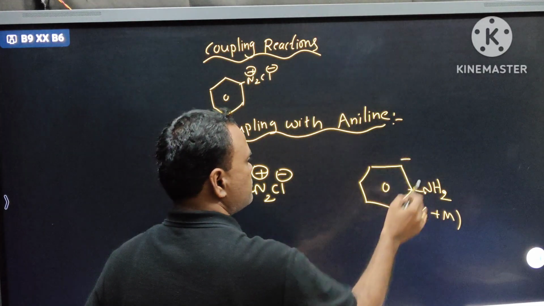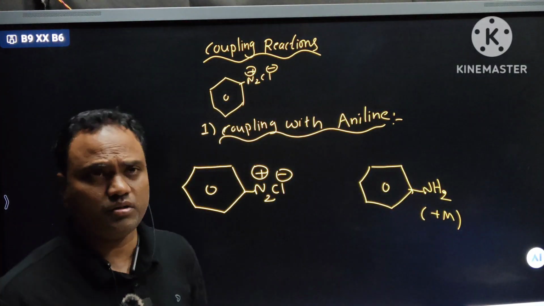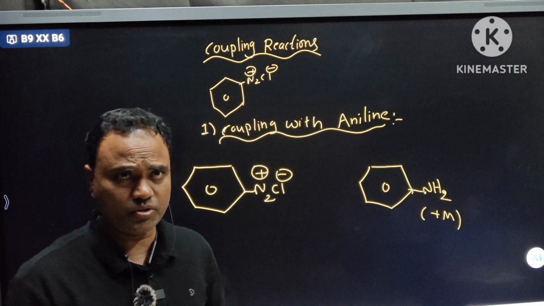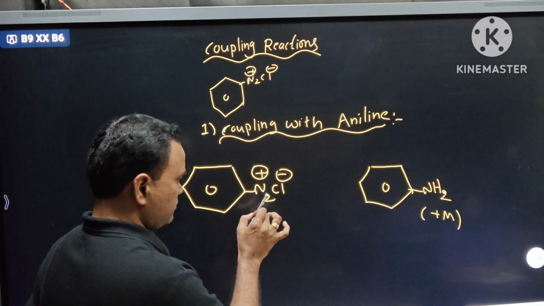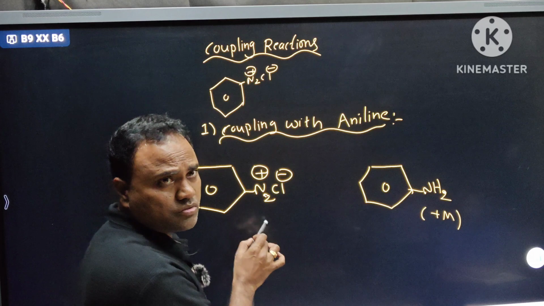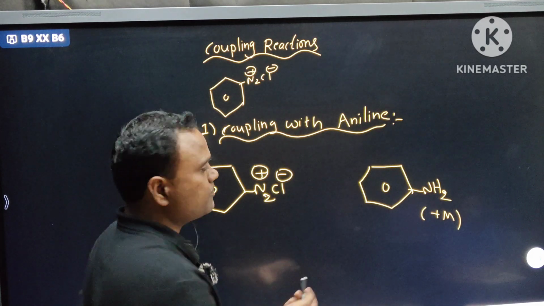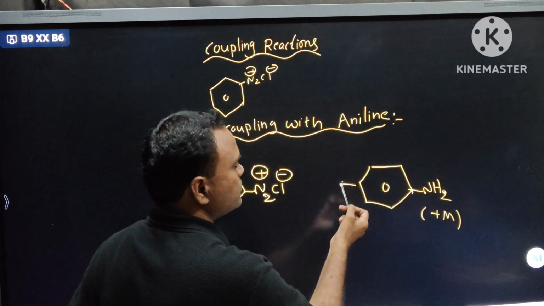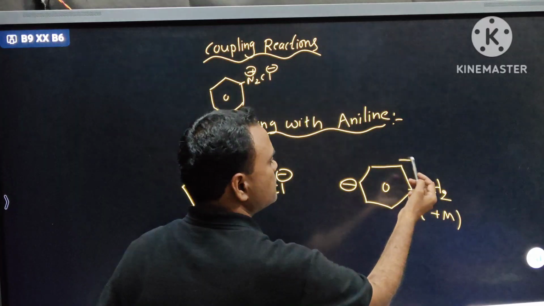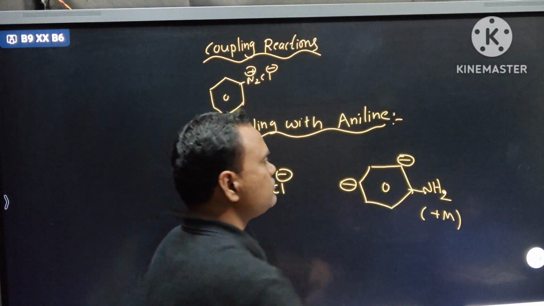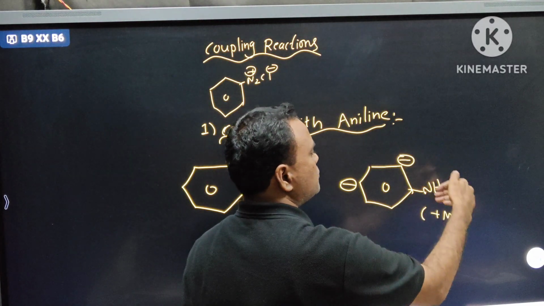So in which positions do we have a negative charge? In ortho and para positions. Nitrogen has a positive charge, it needs electrons. At this position electron density is present, right? Here also electron density is present, but this place is ortho to NH2.